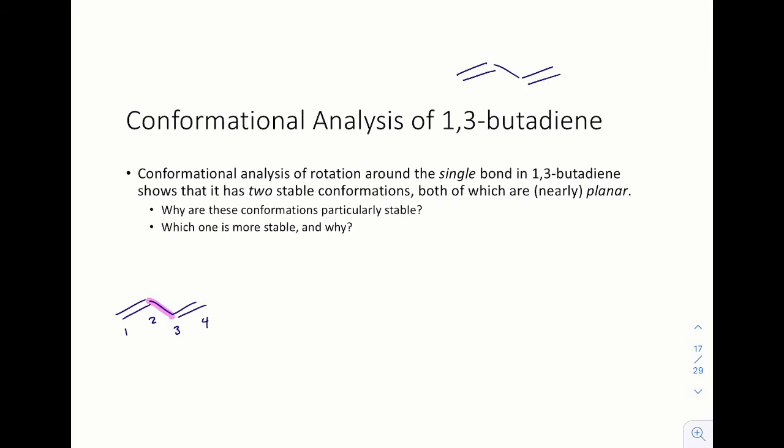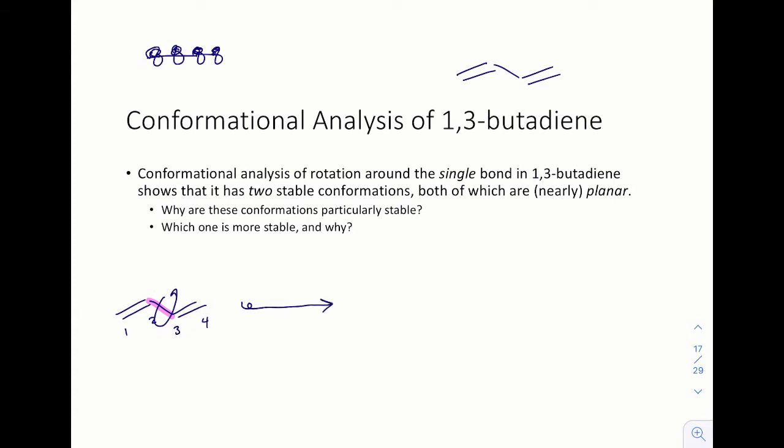We've discussed that because of psi 1, we know that there is a little bit of double bond character between carbons 2 and 3. However, it's still mostly a single bond and there is relatively free rotation around this bond.